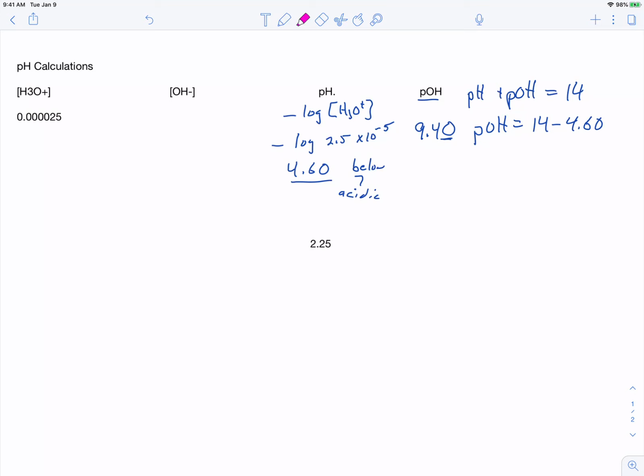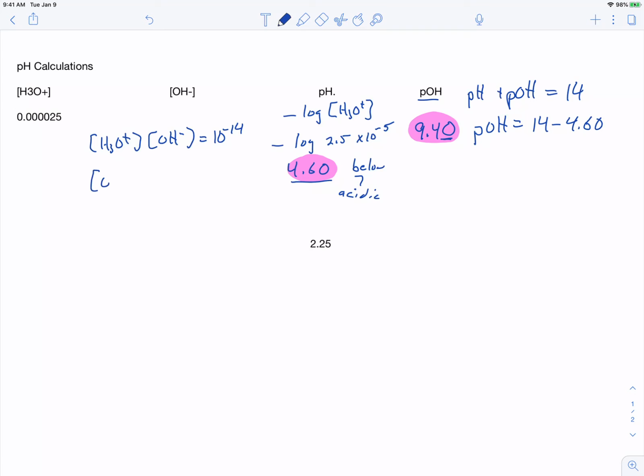So far we've been able to calculate the pH and the pOH. Now let's calculate the hydroxide concentration. Remember that hydronium times hydroxide always equals 10 to the minus 14.